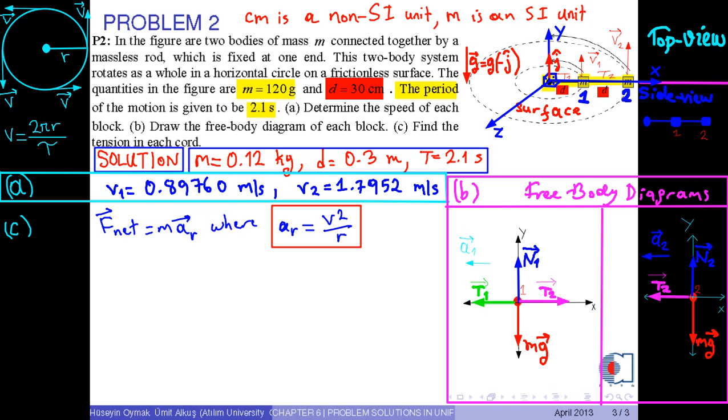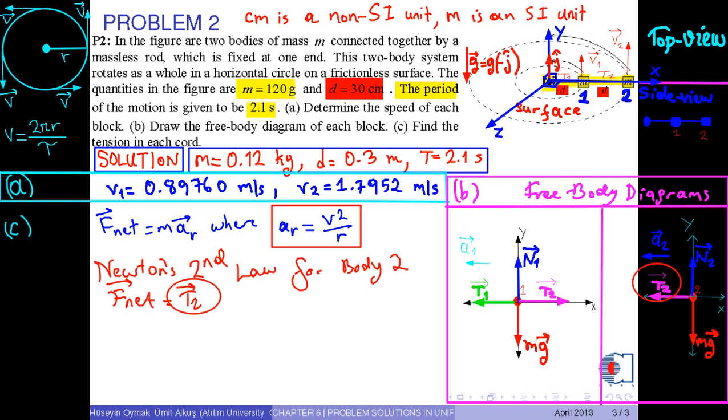The net force on body 2 is only T2. Therefore, by Newton's second law, we write T2 equals m times a2, where a2 is the radial acceleration of the motion of body 2.